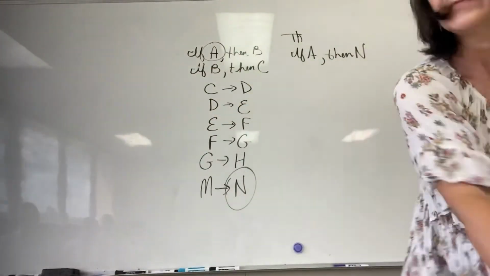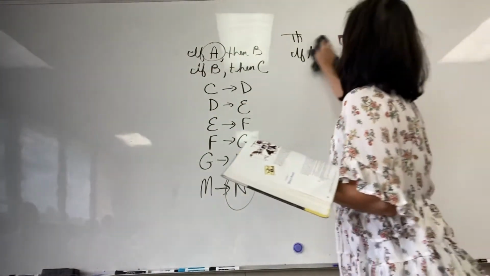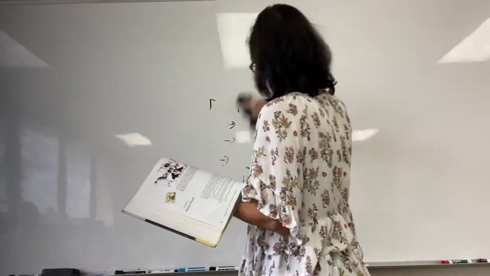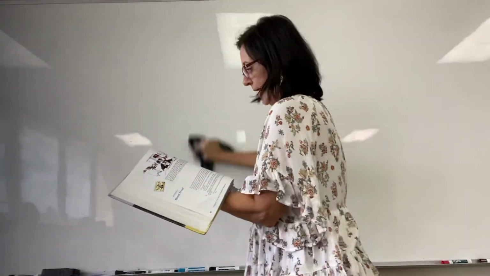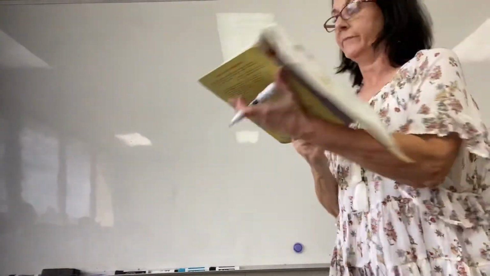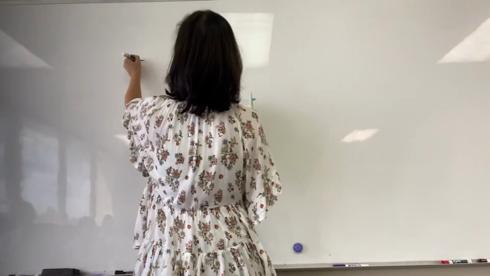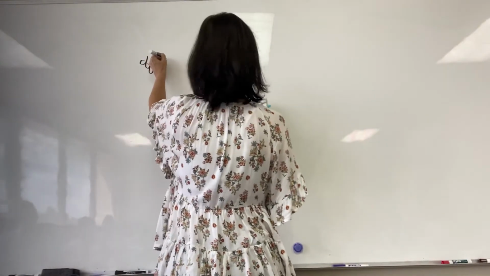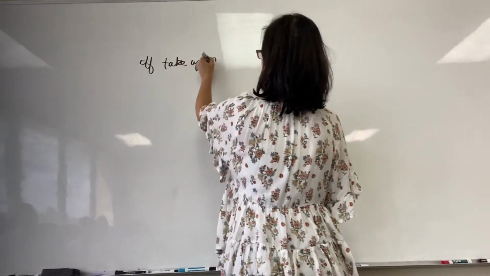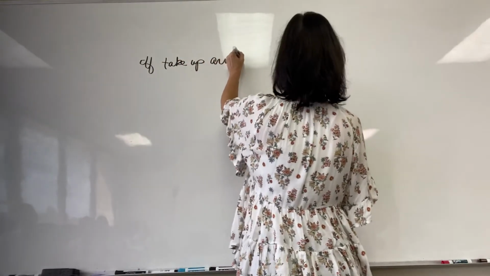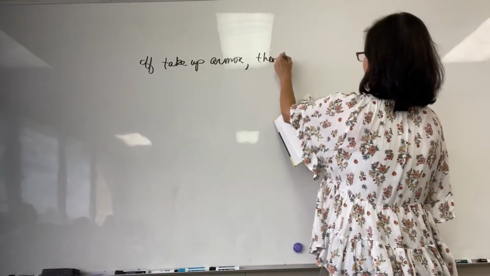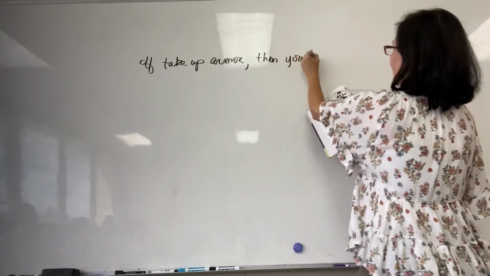Listen to a few from Scripture. In Ephesians chapter 6, we have the armor of God. You know what it says? If you take up the whole armor of God, then you may be able to stand.